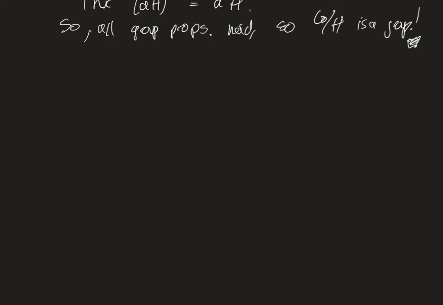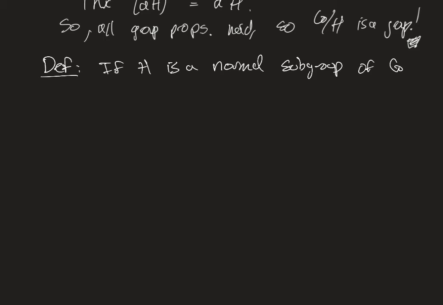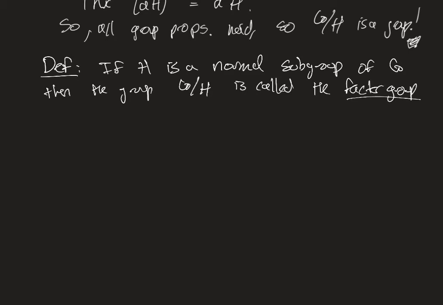So the definition is that if H is a normal subgroup of G, then the group G mod H is called the factor group, or quotient group, probably less frequently, of G by H.